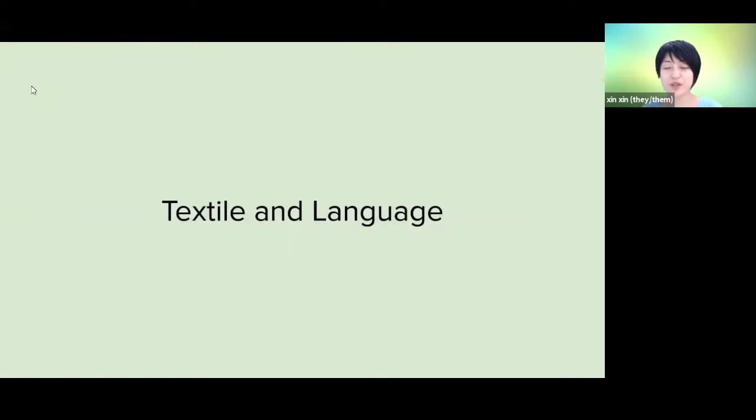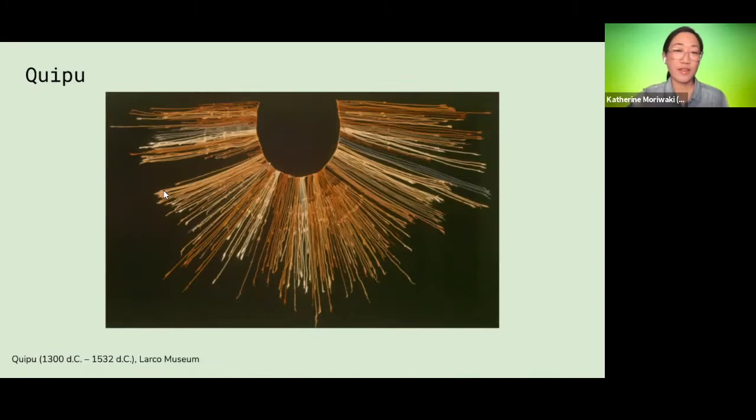Next, we are going to look one layer deeper at the relationship between textile and data, as well as textile and language, and how it is possible to begin to think about communication through the creation of textiles. This is an example of the quipu, which is a system that was employed by the Incas to record information.